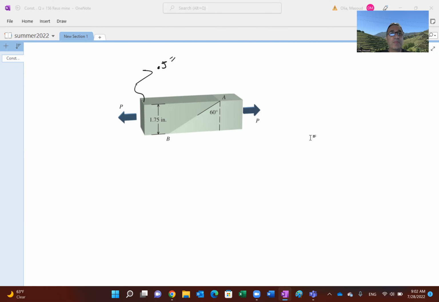And I'm here with another example. This time I'm looking at a problem related to the topic of axially loaded members, the subject of mechanics of materials.